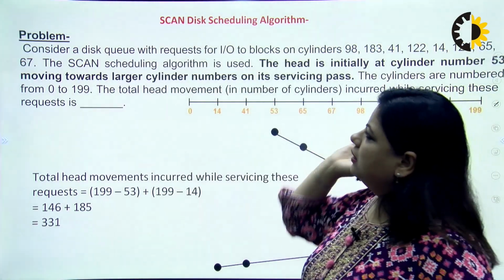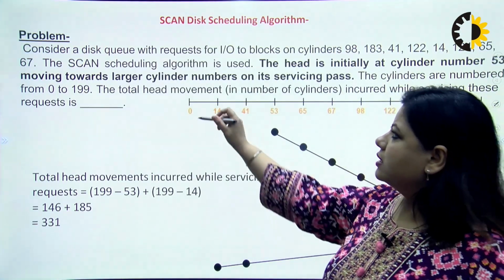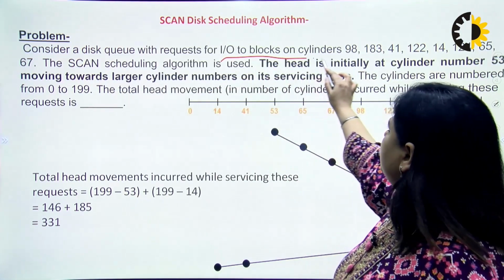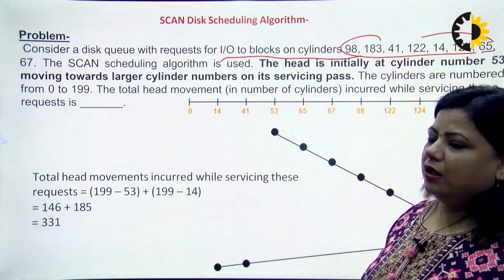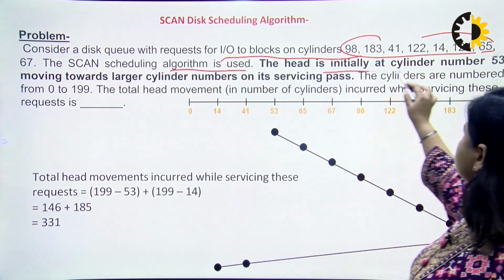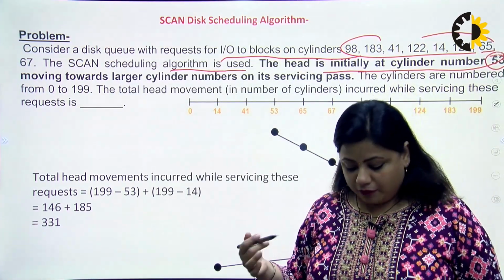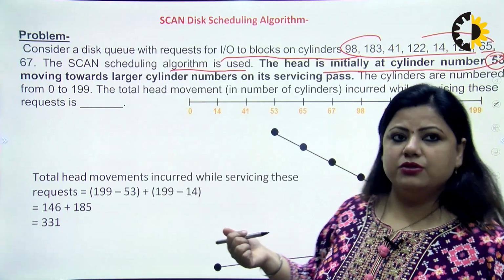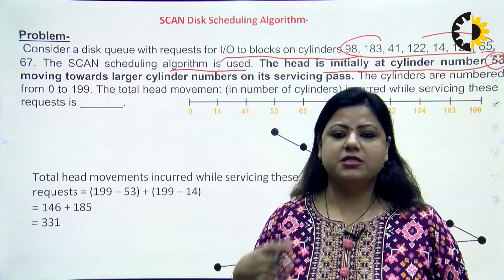Now we see a problem on the SCAN scheduling algorithm. Consider a disk scheduling problem with input/output blocks on cylinders like 98, 183, and so on; this string is given. Now the SCAN scheduling algorithm is used. The head is initially at cylinder number 53. What we require in SCAN is that the disk arm moves in one direction, servicing all the requests.